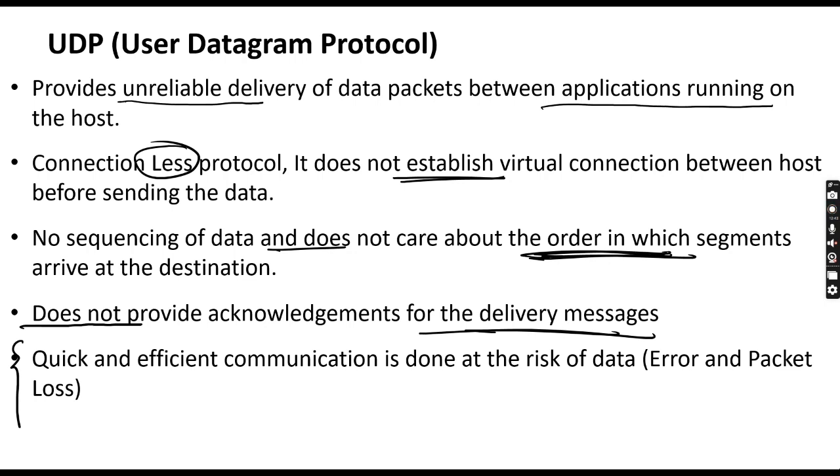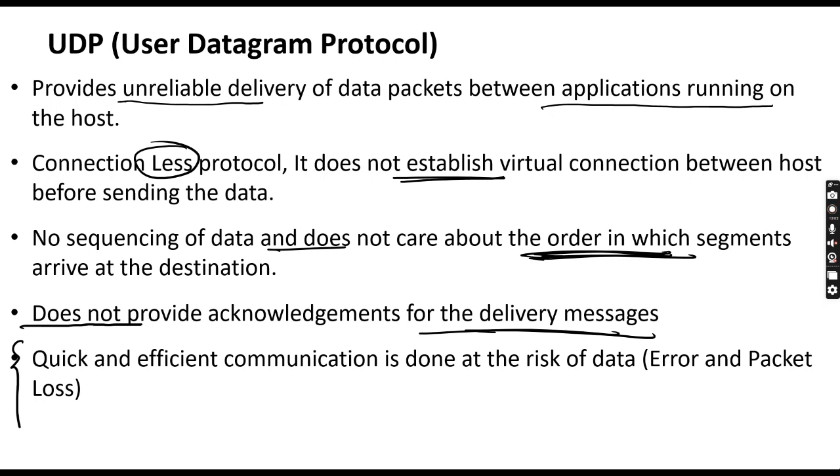But the point is, it is risky. It can forward your error packet, it can forward your bad packet, and also you may find packet loss as well. No reliability.